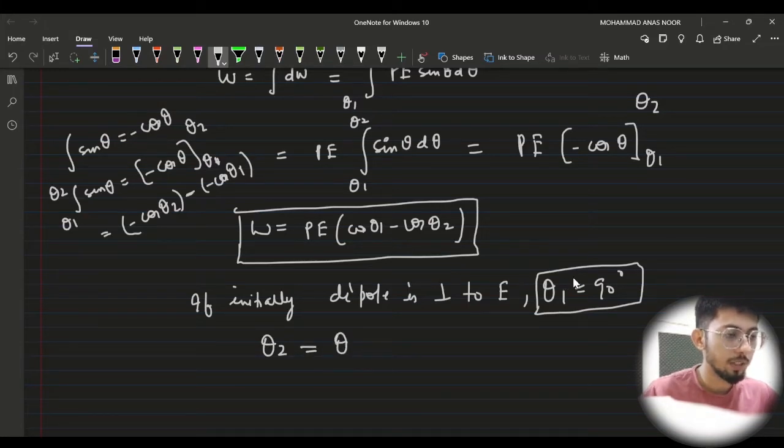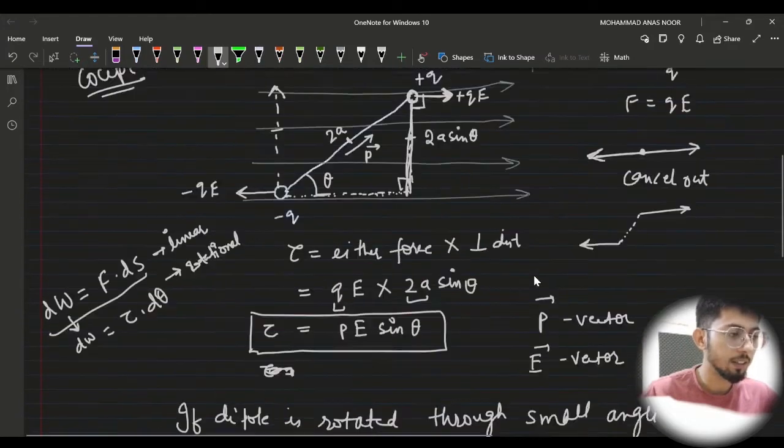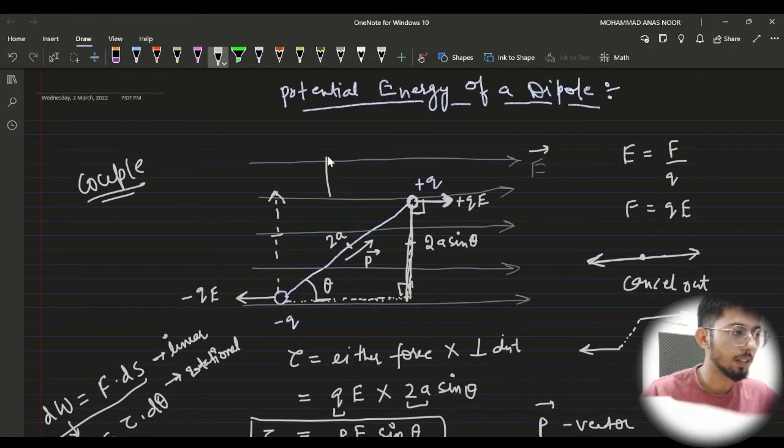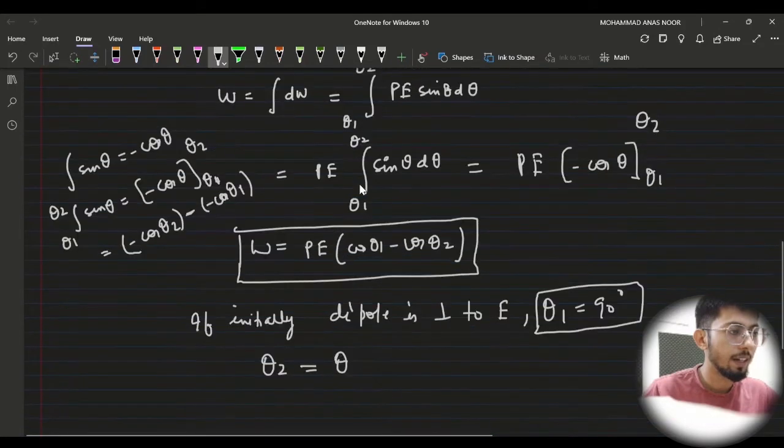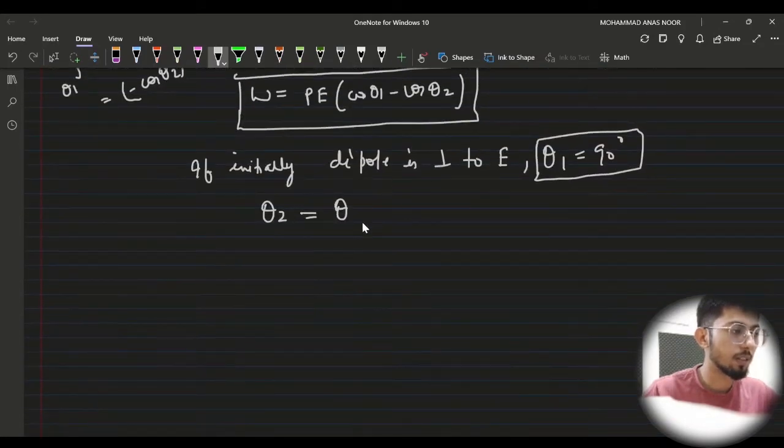From theta 1 equal to 90 degrees, it would be something like this, with plus q and minus q. We are rotating it, and after rotating, we are getting something like this, and this angle is now theta.